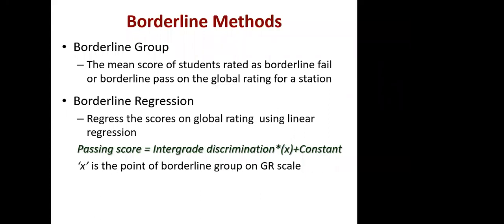A statistician, a psychometrician can do it very easily. Any one of you who knows linear regression can do this easily. And the score which regresses on the borderline point of your global rating becomes the pass score. I will not go into further details because it is very statistically dependent.